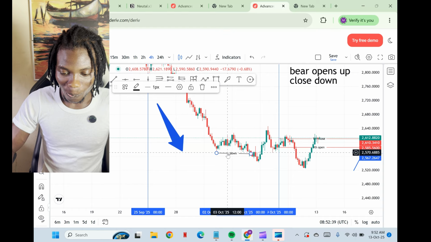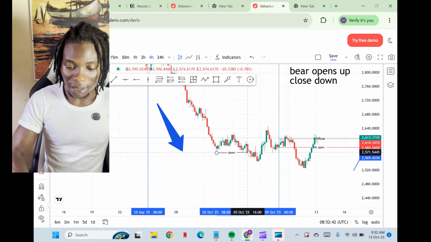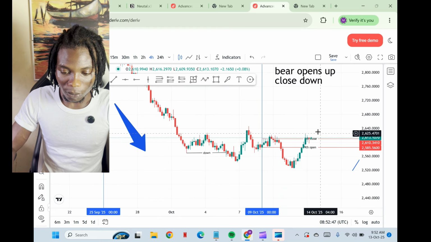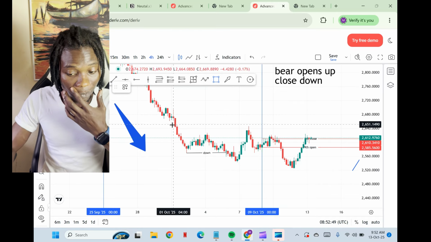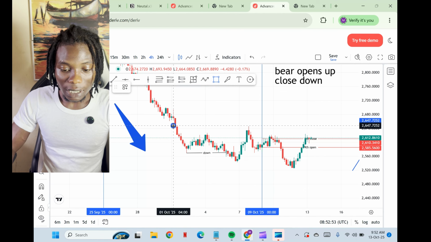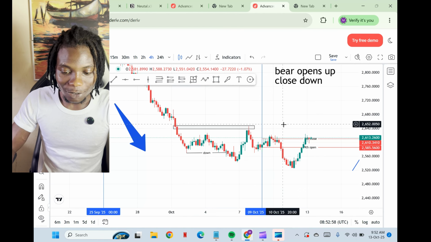We'll say down, because I don't like using BOS or break of structure anymore. I just keep using down and up because I think that is easier for everyone to understand, where price came into what we call supply or order block or fair value gap or a structural point.